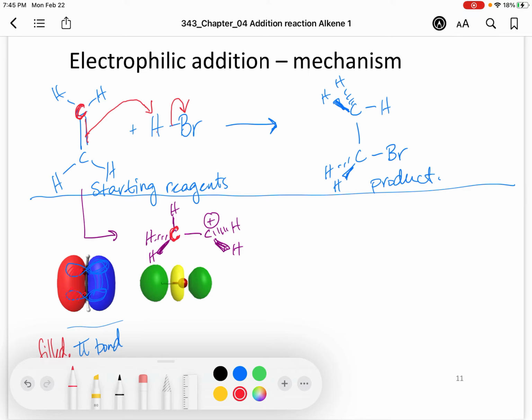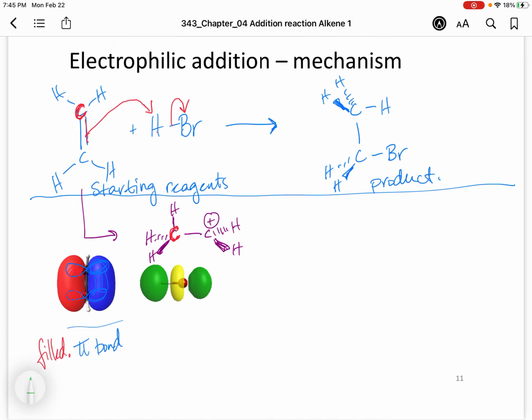Let's draw those same arrows showing down here in the orbitals. So I have here the filled pi bond, and then we have an empty sigma star of HBr, okay? And so the electrons from this pi bond are going to attack this proton.